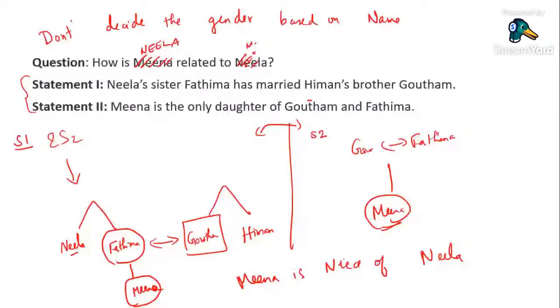The question is: how is Neela related to Meena? What could be the answer? Even after combining, I don't know the gender of Neela. Even after combining, I cannot decide the gender of Neela. So Neela could be the uncle or aunt of Meena.